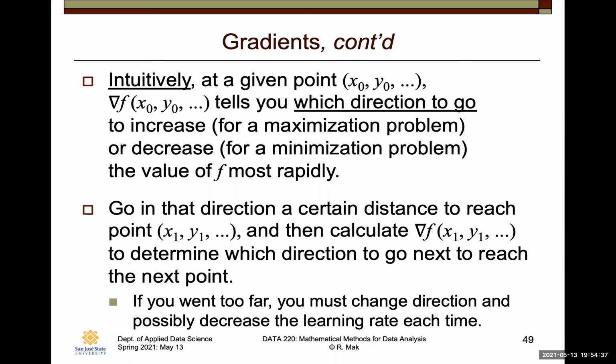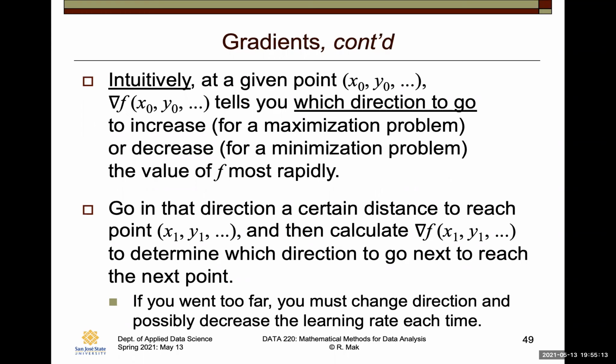Now, in the case of a function of two variables, it's a two-dimensional object, and if you're sitting on the surface of this object, you have an x value and a y value, then the del will tell you which direction to go. That will give you the highest ascent if it's a maximization problem, or the lowest descent, or I guess the steepest ascent or the steepest descent.